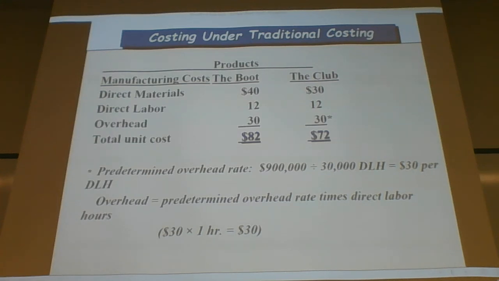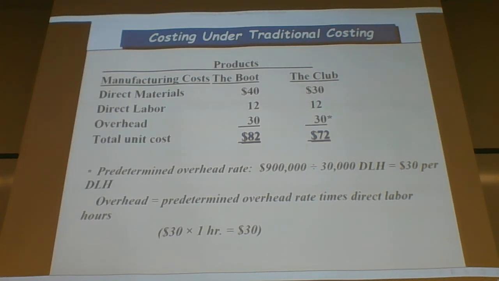Okay, so if we do that, what has occurred here? Well, we have to understand that 25,000 of these hours is for this boot product. Only 5,000 of these 30,000 hours are for the club.